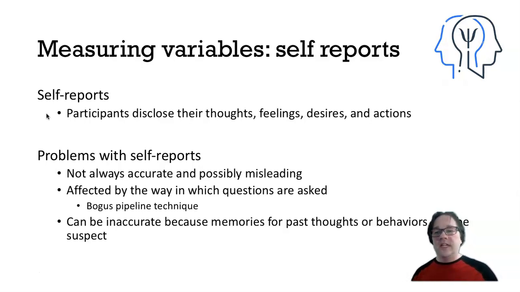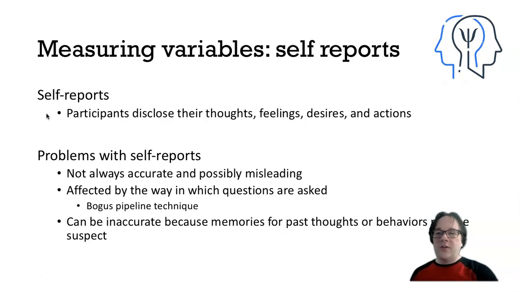So if you were to give somebody a questionnaire about how racist they are, let's say, people are likely to downplay those feelings that they have, unless they're an unabashed Nazi or KKK member, white supremacist.